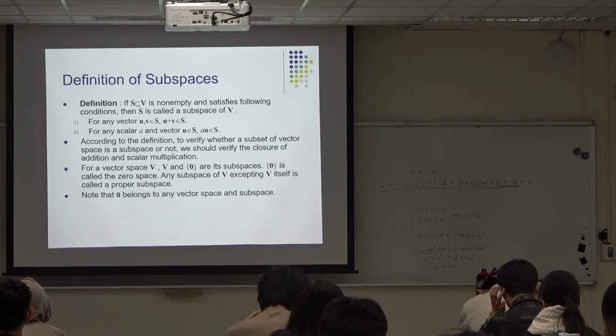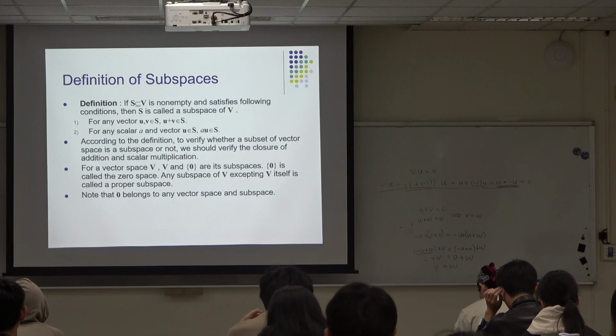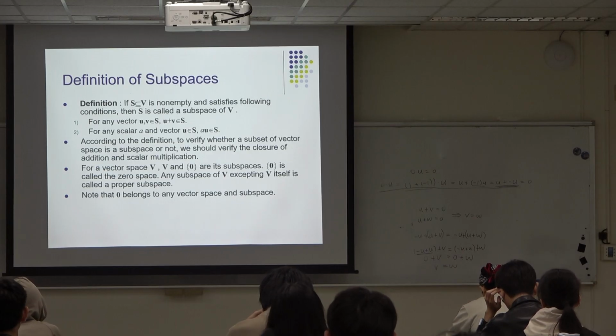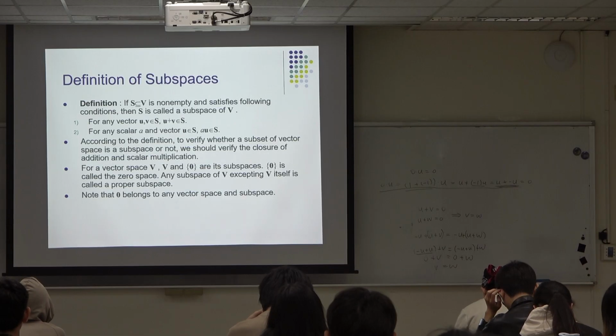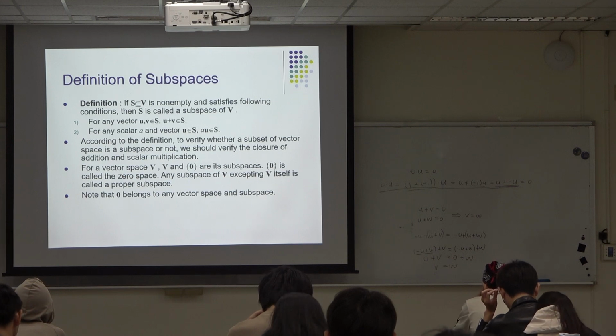So if S is a subset of V, first it's non-empty. Okay? And satisfy following conditions, then S is called a subspace of V. So it's not just a subset, it has to satisfy some properties.